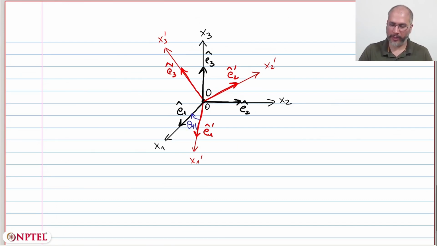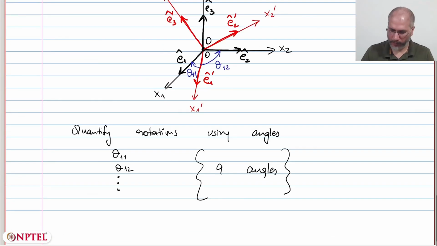theta ij. So theta 1 1 is the angle between the unit vectors e1 prime and e1. So the first index represents the primed coordinate system, and the second index in the theta represents the base coordinate system. So theta 1 2 is this angle between e1 prime and e2, and so on.